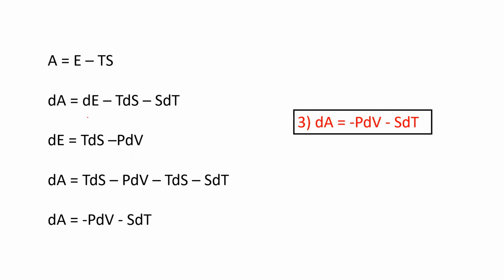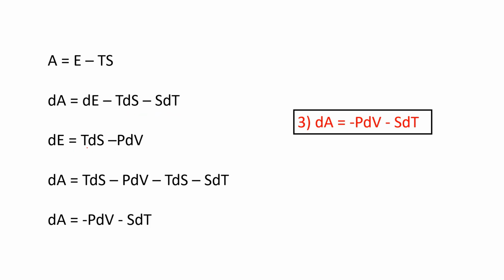Now coming to the third one. The third one is with Helmholtz free energy function, or work function. We know A, the work function, is equal to E minus TS. Once again we take the complete derivative. So dA will be equal to dE minus TdS minus SdT, using the same rule.